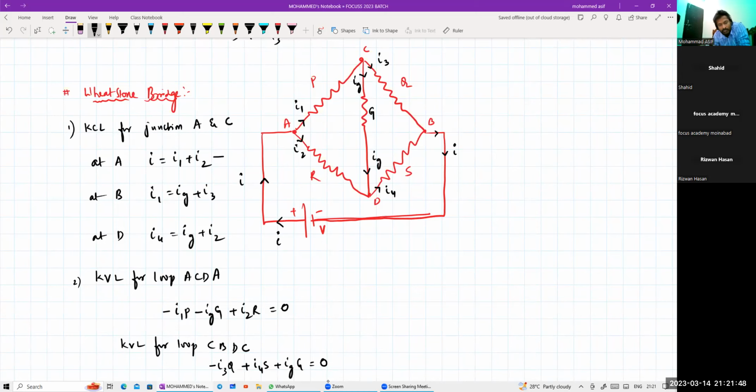This is my equation number 1, this is my equation number 2, this is my equation number 3, this is my equation number 4, this is my equation number 5. So I have applied the KVL and KCL for the Wheatstone bridge.